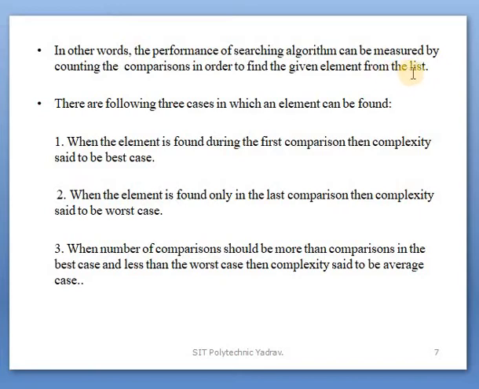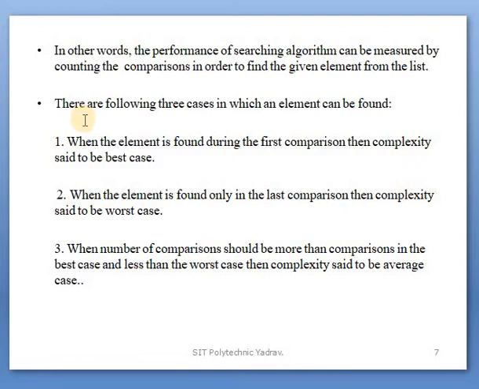We provide the list and the given element, and count how many comparisons are used. That measures the performance of the searching algorithm, that is, we calculate the complexity of that searching technique.